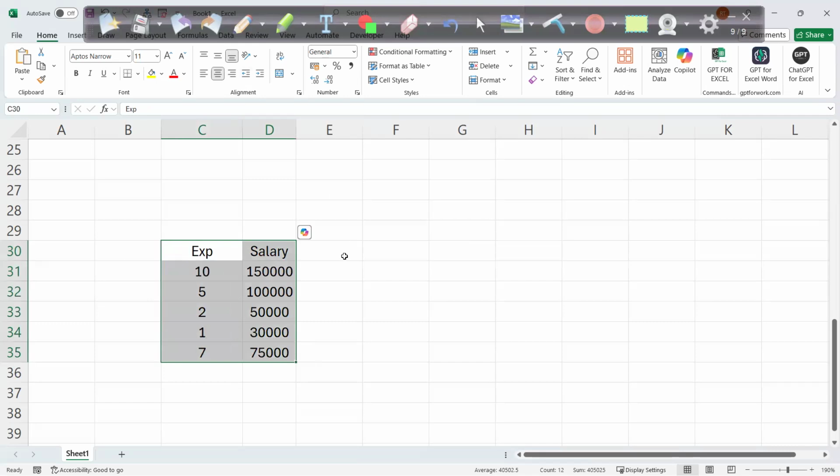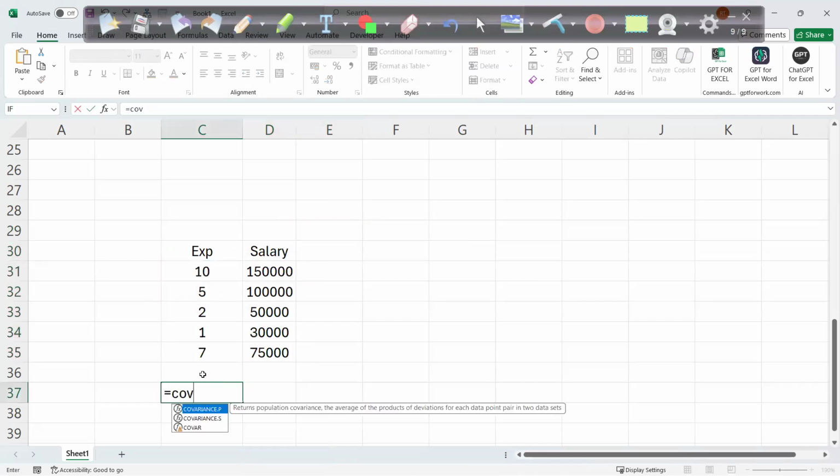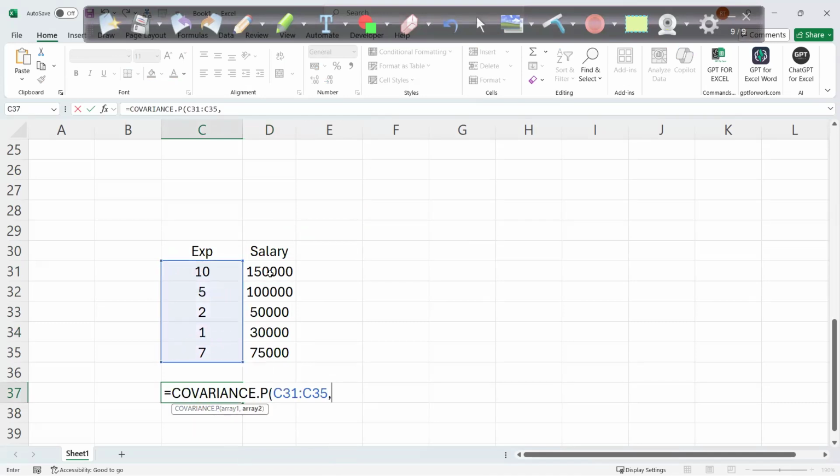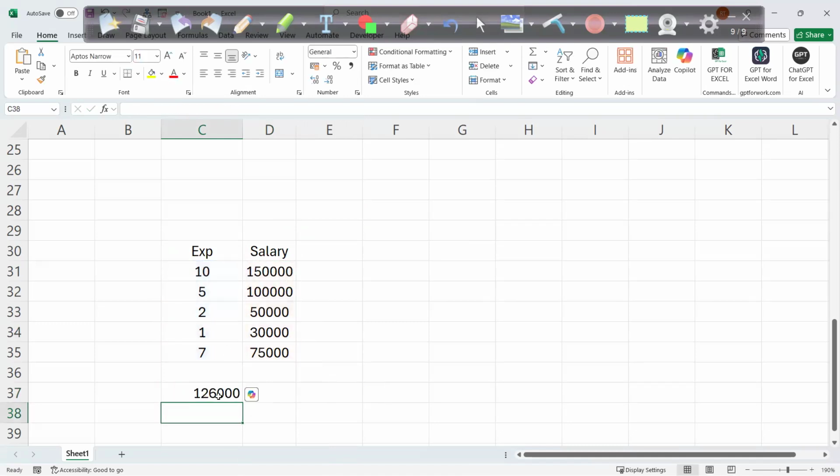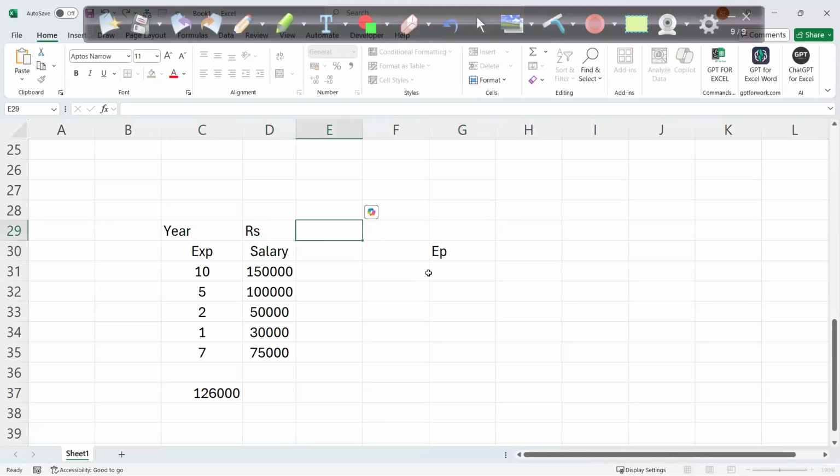Now let me calculate the covariance of this particular data set. My covariance is coming out to be a big number, right? 1,26,000, because of these bigger numbers. Now let me go ahead and convert this particular data. This is as of now in years and this is as of now in rupees.